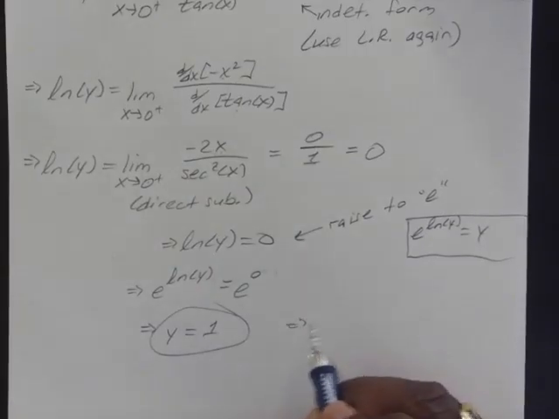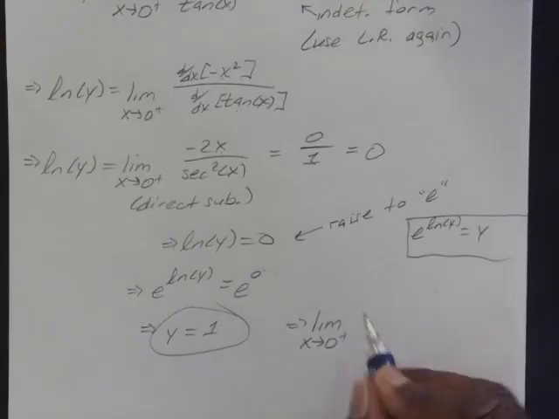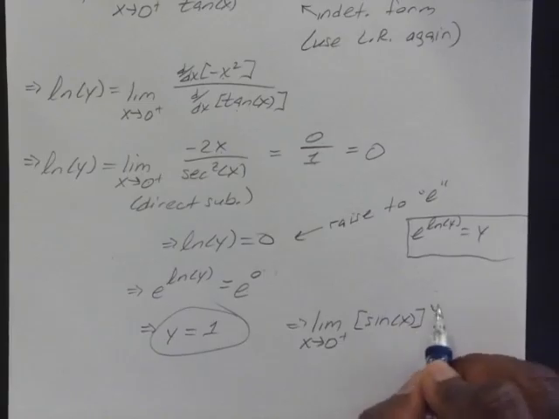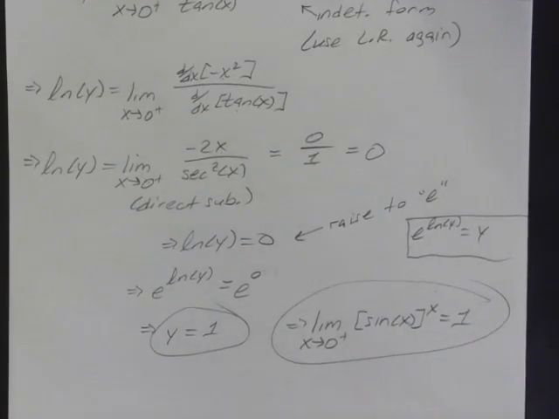So we know that the limit as x approaches 0 from the right of sine of x to the power of x is equal to 1. So we did all that work to end up with 1.